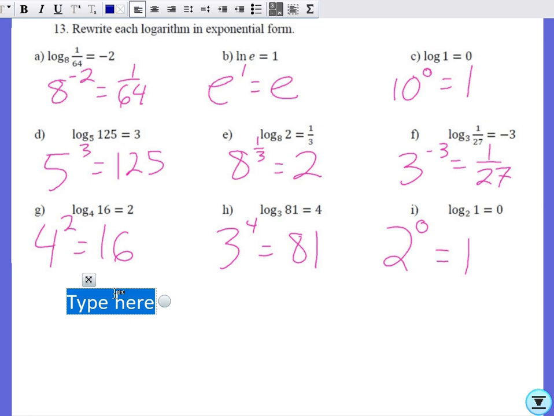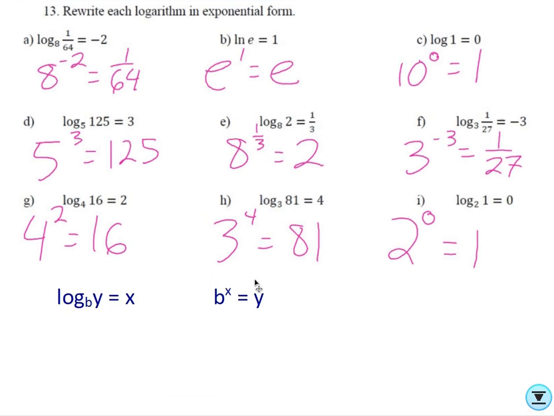As a reminder, if you have log base b of y that's equal to x, that is the same thing as b to the x power is equal to y, and we can write that interchangeably. So we can go from here to here, or vice versa from here to here.